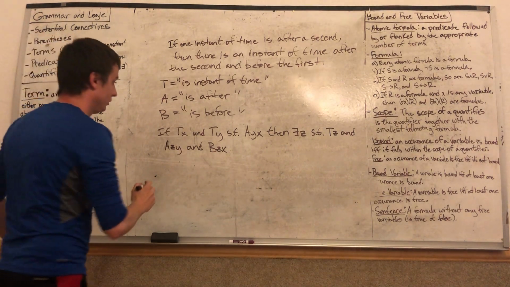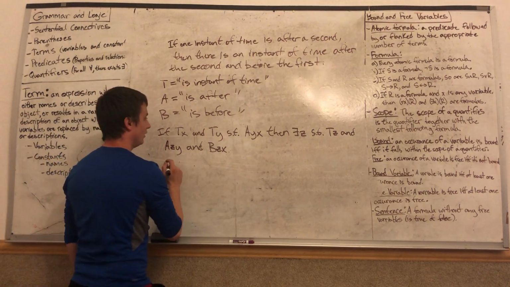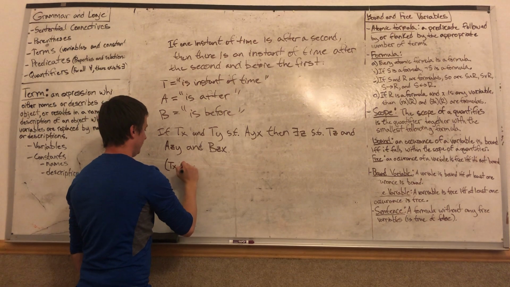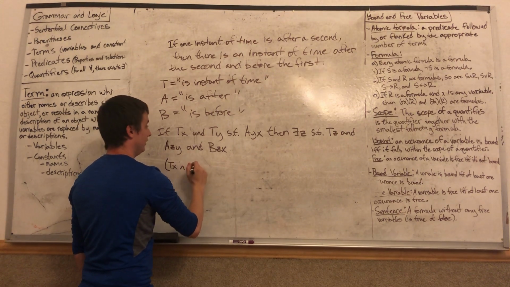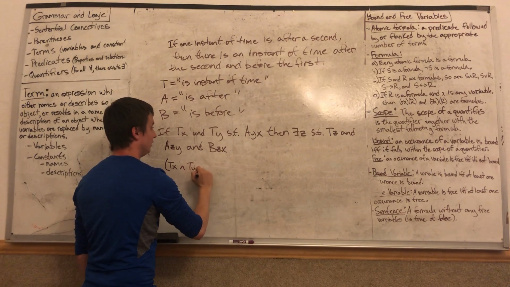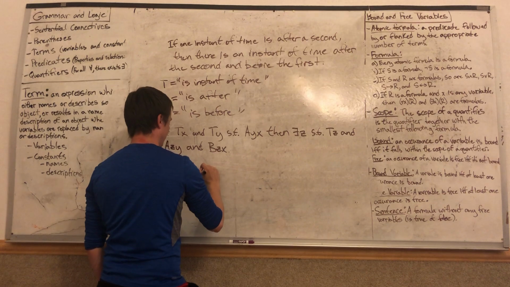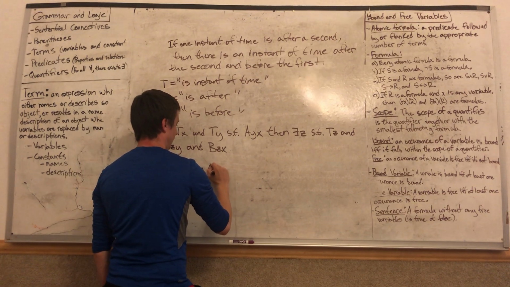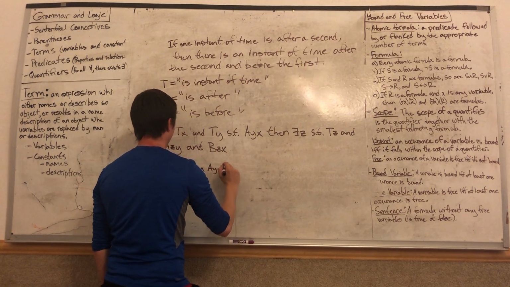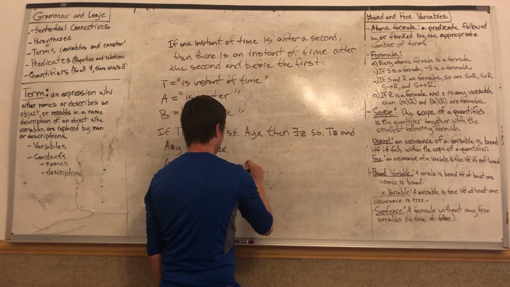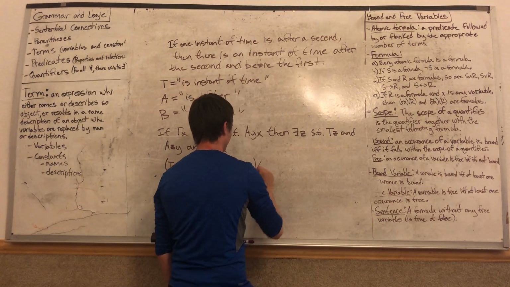So let's do it again. We've got the implication: Tx and Ty in parentheses, and after Yx, that implies that there exists Z. You've got your E's backwards.